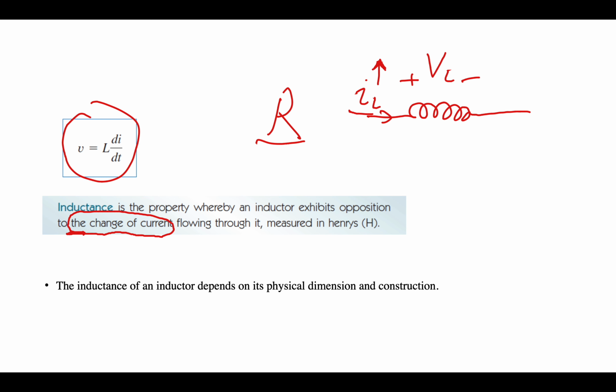If the current IL decreases, we will get a negative voltage, and this negative voltage will oppose the decrease of the current. So be careful that the inductance is a property that opposes the change of the current, not the current itself.